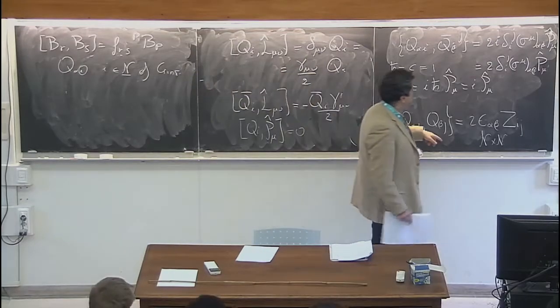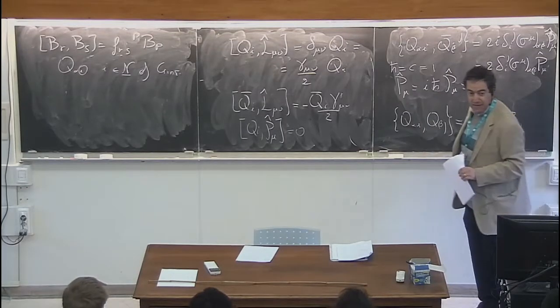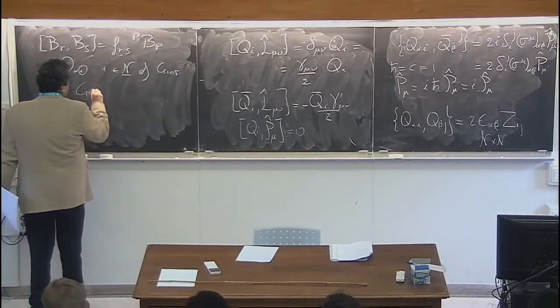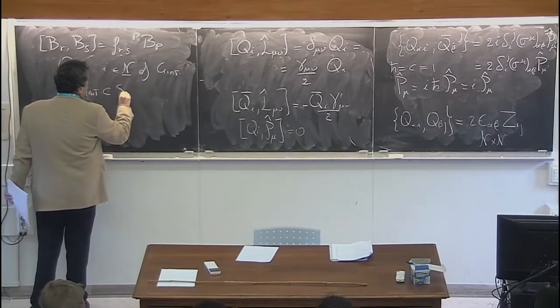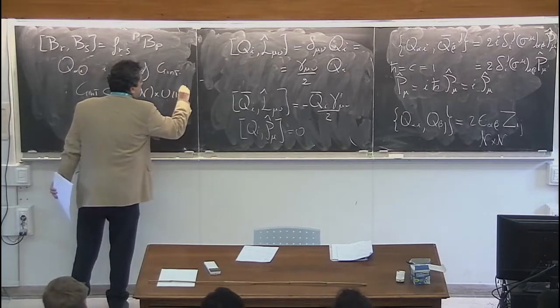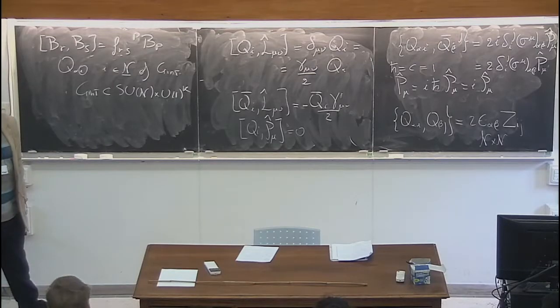Particularly, it should leave epsilon alpha beta and delta ij invariant. But this means that G int should be contained in SUN times U1 to the k, for some k.